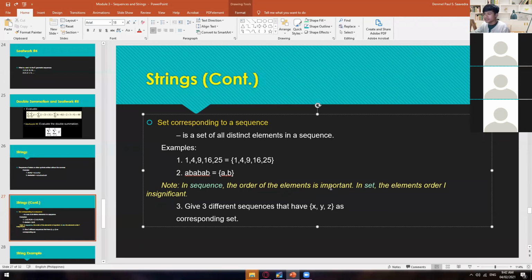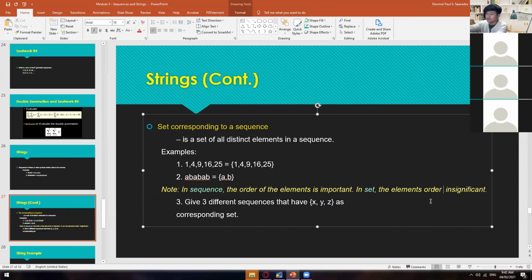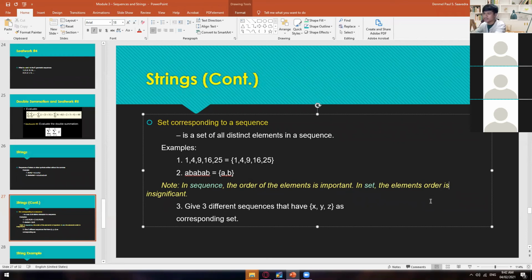In a sequence, order is very important. But for the set, again, the order of the elements is insignificant.